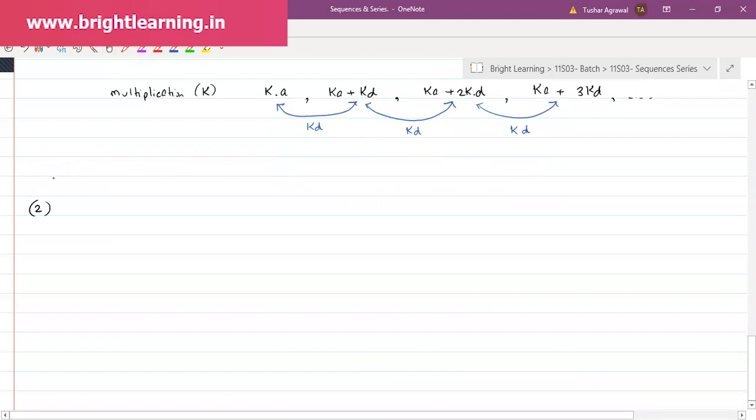Now the second property is the sum of two terms. This property I've given you earlier also.